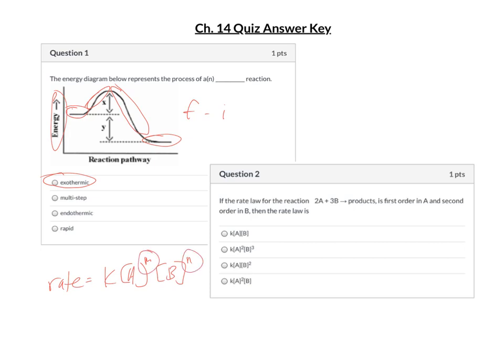These do not depend on the balanced chemical equation. The 2 and the 3 have nothing to do with the M and the N for Chapter 14. So your rate law is going to be, as it says, first order in A, so A to the first power, and second order in B, B to the second power. You would just put that as powers. And that was the answer.